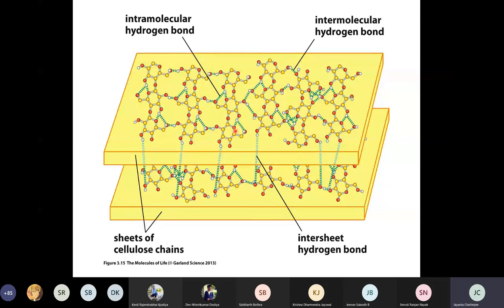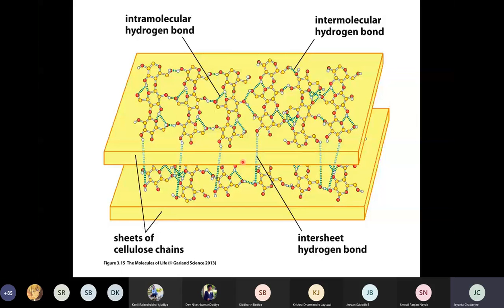And that is why you have multiple of these sheets arranged together, and that gives cellulose a very, very strong character, right? They are very hard molecules like wood, for example, as opposed to glycogen or amylose, which are much softer in nature.